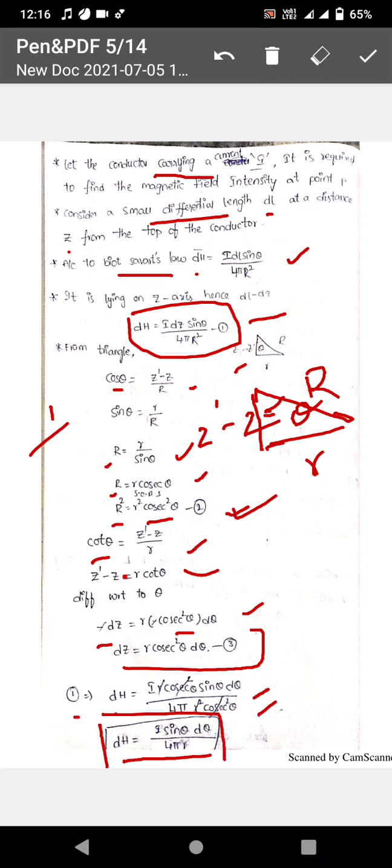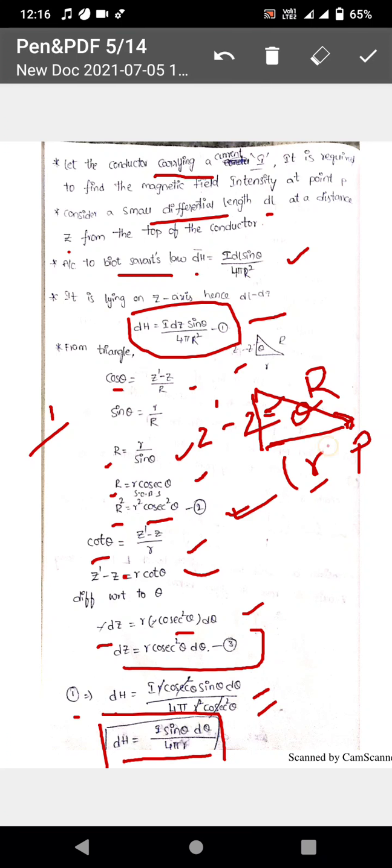How did we obtain this? First we take the triangle from the diagram, with z dash minus z, theta is the angle, r is the small length, capital R is the hypotenuse, and point P is located here. From the triangle, cos theta is z dash minus z by R, and sin theta is opposite side by hypotenuse.